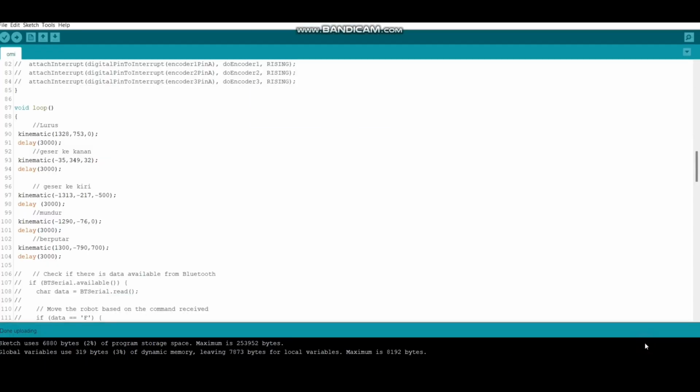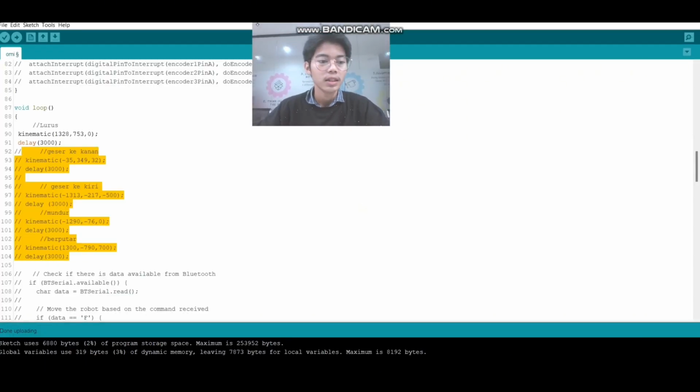This is the inverse kinematic: 1322 for x, and this is 7053 for y, and the angle is 0.